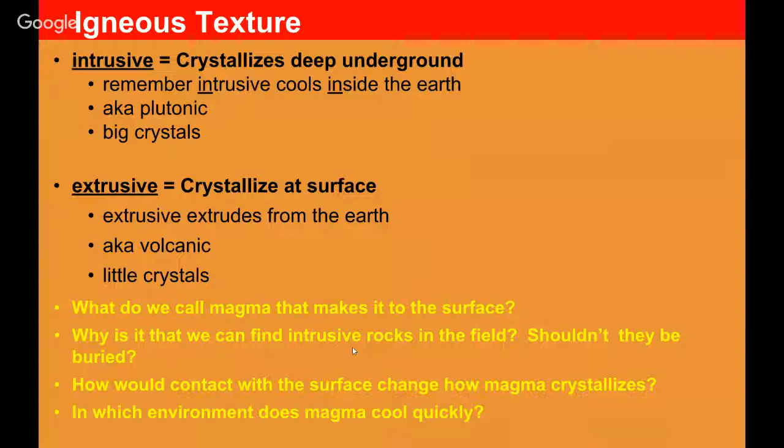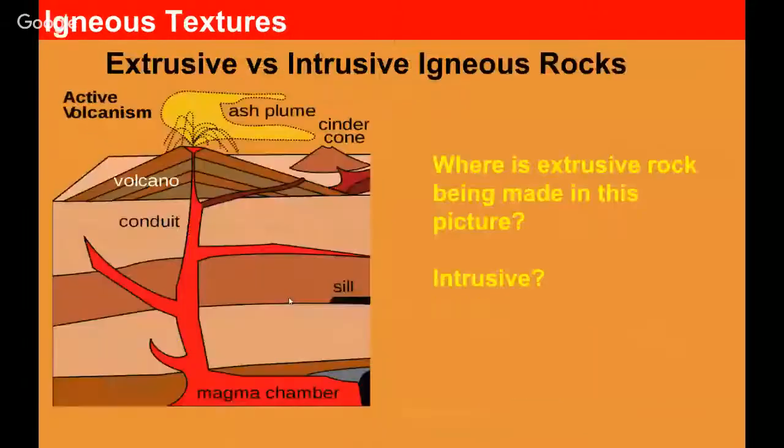The difference in temperature is big enough that the weather conditions don't play as big a factor as how deep you are under this blanket of our crust. Finally, where would you expect magma to cool quickly? Like we mentioned, near the surface.